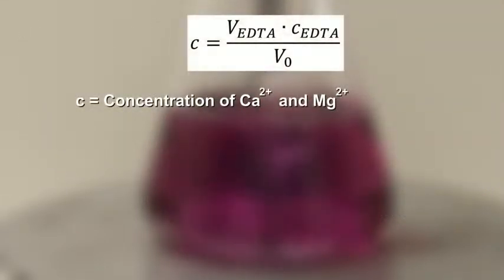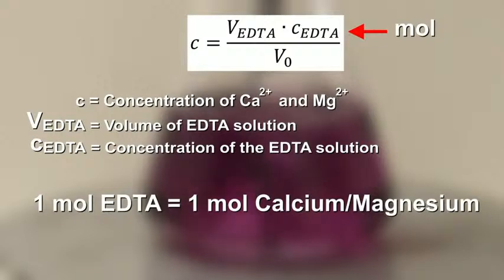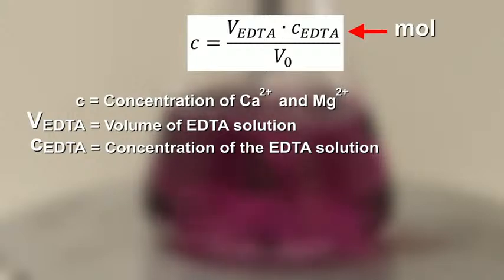The concentration C of the alkaline earth ions is calculated by first multiplying the volume needed with the concentration of the EDTA solution. The result is the amount of moles of EDTA. 1 mole of EDTA binds to 1 mole of calcium or magnesium ions, so the value of EDTA is the moles of the ions.